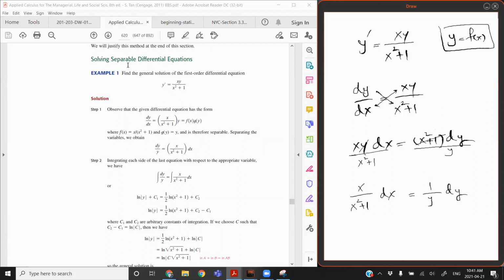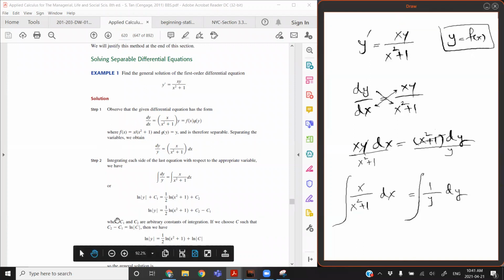Okay. So what is the next step? You're going to take the antiderivative of both sides. You can find the antiderivative of this side and the antiderivative of that side, and this will help you find the answer. Salma, you have a question? Yes. Why do the y and the x squared plus 1 cancel at the same time? They don't cancel.